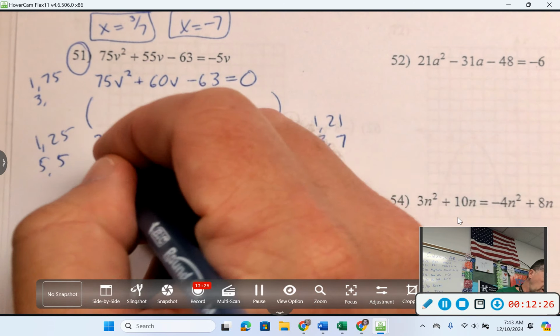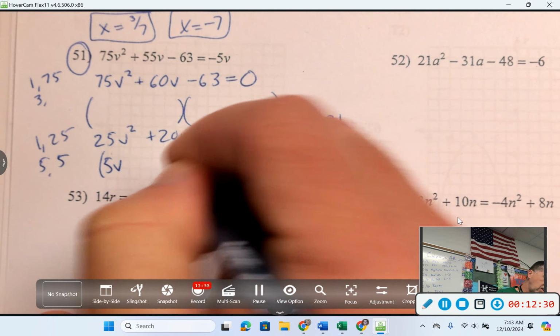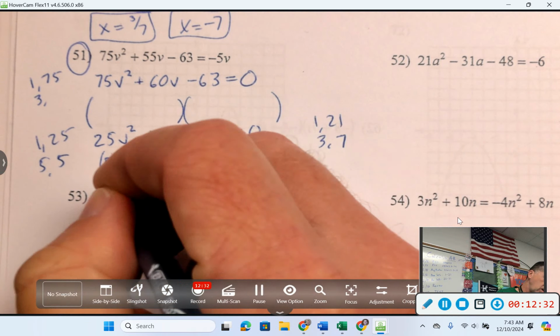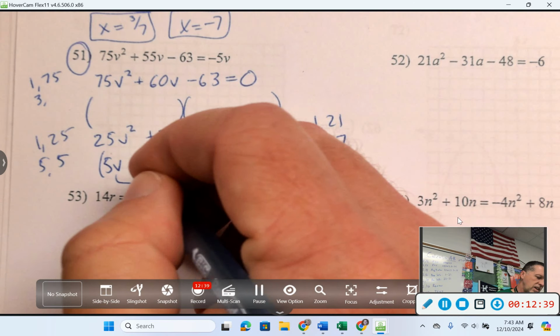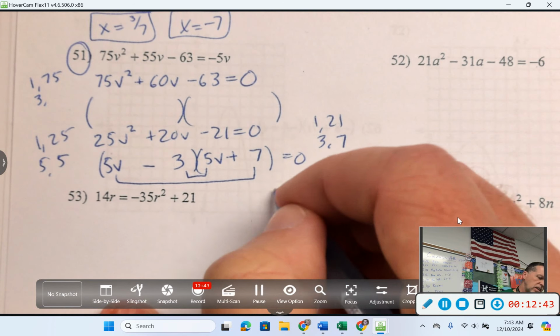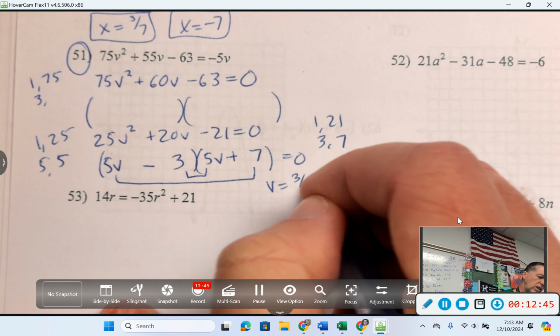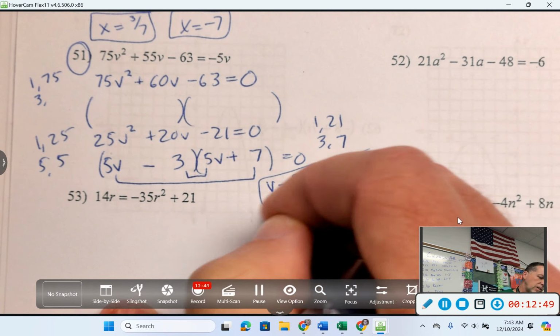So 5v and 5v, and 3 and 7. Because now I've got 35 and 15, and I want a positive 35 and a minus 15. So v equals 3/5, and v equals negative 7/5.